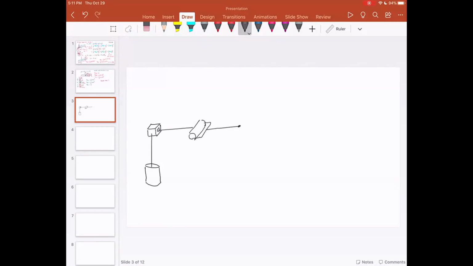So you have the first revolute joint, then the prismatic joint, then the revolute joint, and the end effector. Now please try to understand. Let's identify how the links are going to look. So I'm going to assume again that the links are like slender rods.